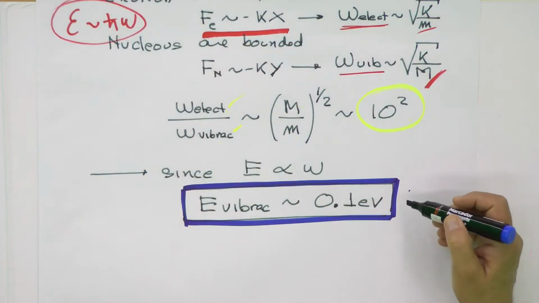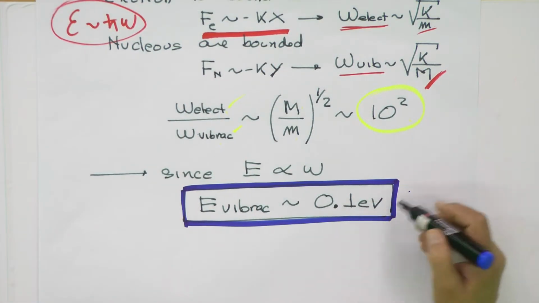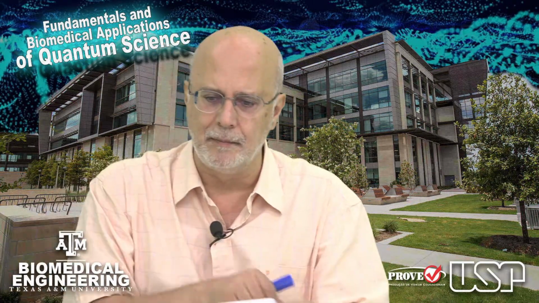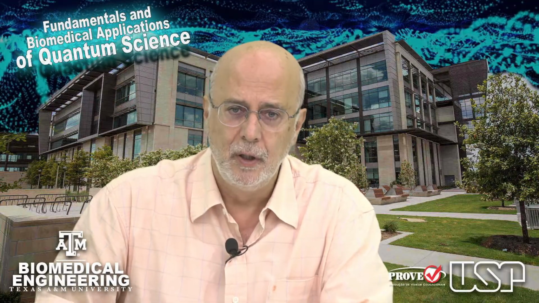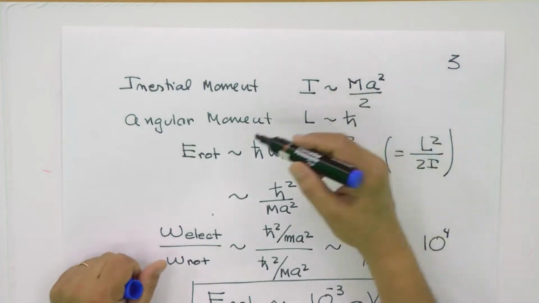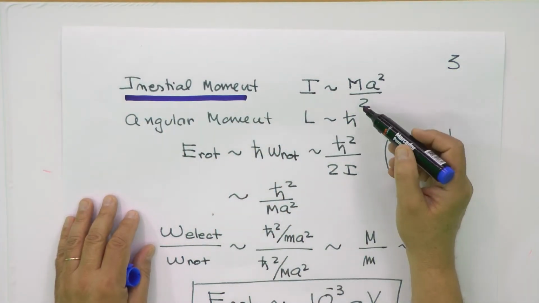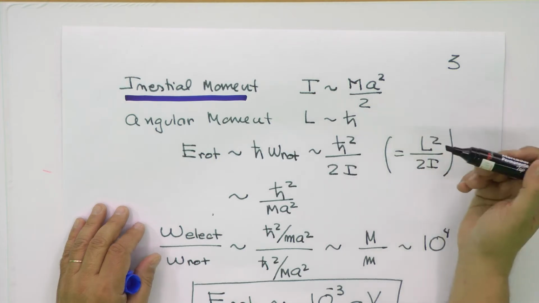So we know already that the vibration is 1/100th of the energy of the electron, so it's 0.1 electron volts. What about the rotation? Well, to see the rotation, we have to imagine the system and calculate the moment of inertia, and this is what we have done. I already showed you the moment of inertia is the product of each mass by each position squared.